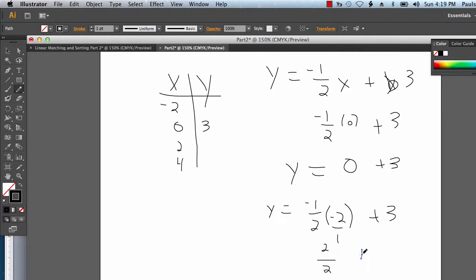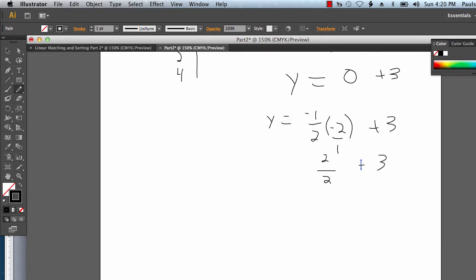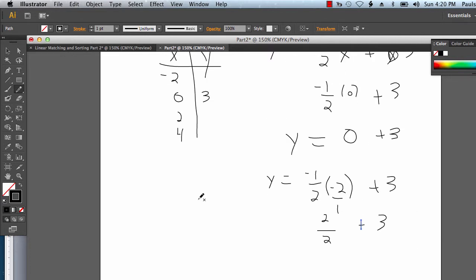If you remember your rules for fractions, anytime you have the number over the same number, 2 over 2, it equals 1. The reason it does that is because if you have a pizza, you cut it into 2 halves. 2 halves equal a whole is what I'm going to say.